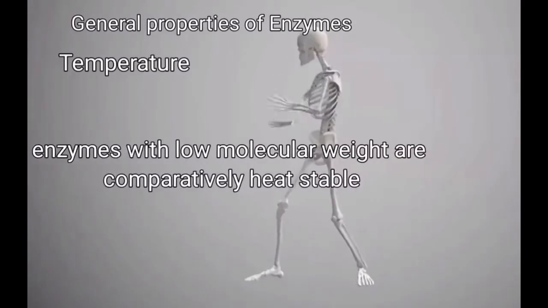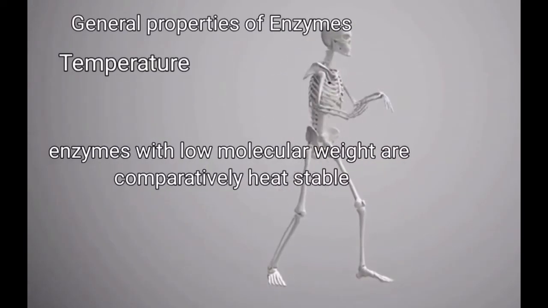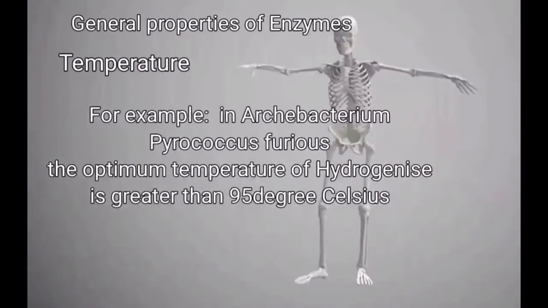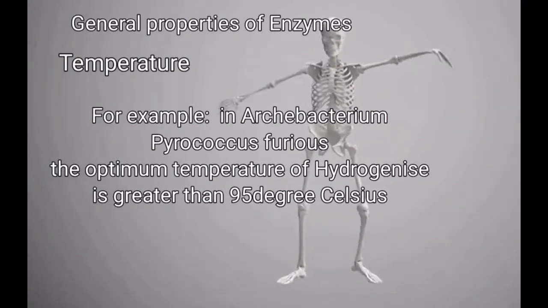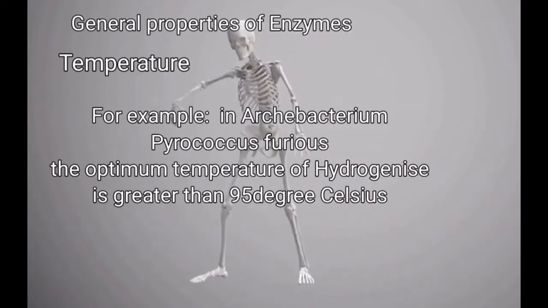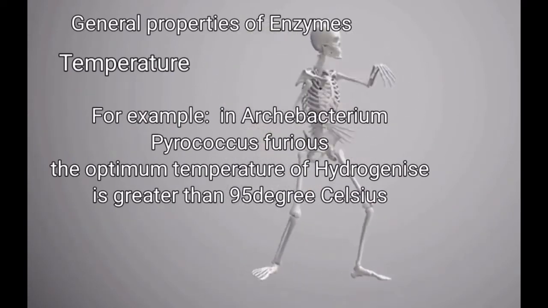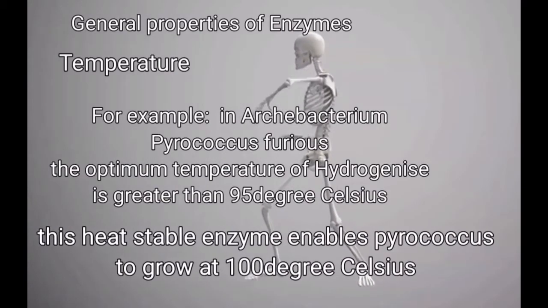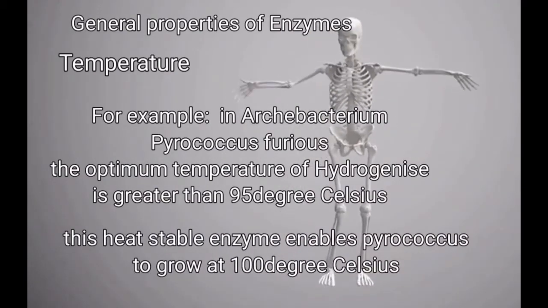But enzymes with low molecular weight are comparatively heat stable. For example, in the archaebacterium Pyrococcus furiosus, the optimum temperature of hydrogenase is greater than 95 degrees Celsius. This heat-stable enzyme enables Pyrococcus to grow at 100 degrees Celsius.